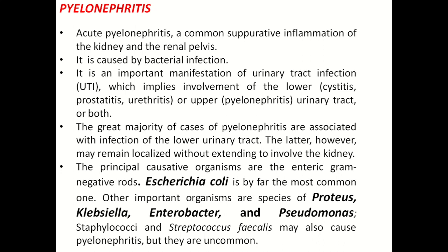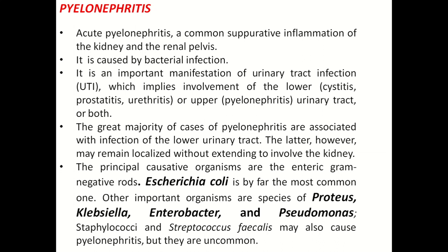If one of the three organs is involved, then it is a lower urinary tract infection. While in pyelonephritis, it is an upper urinary tract infection, right? Because there is involvement of the tubules and mainly the interstitium.